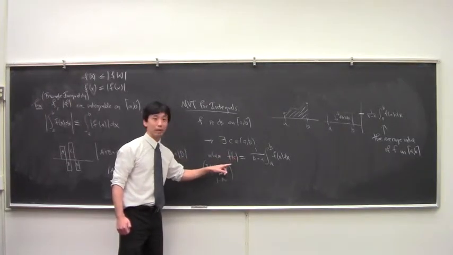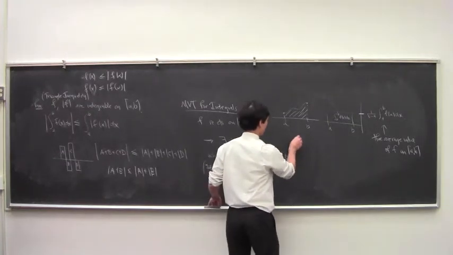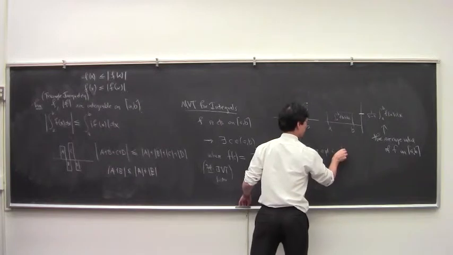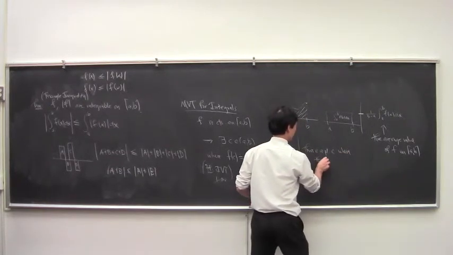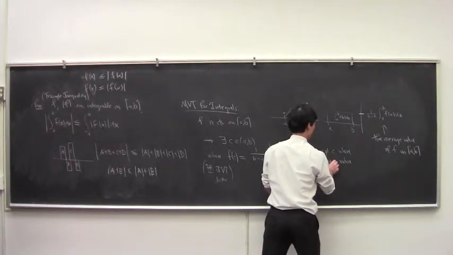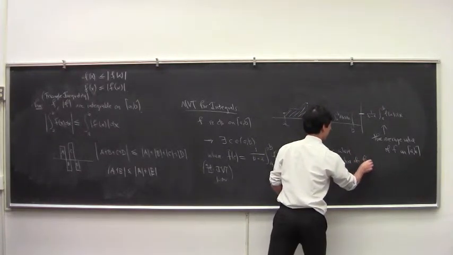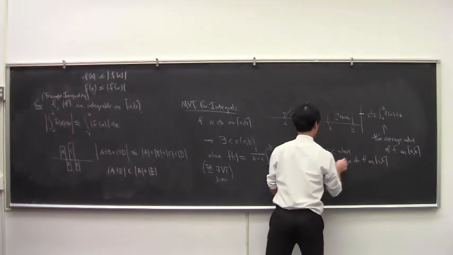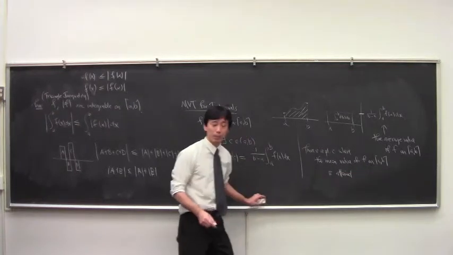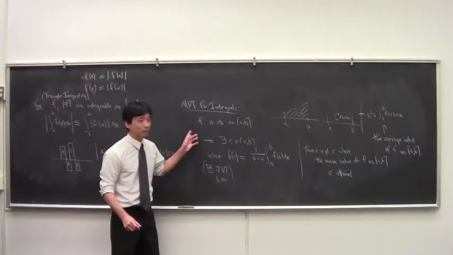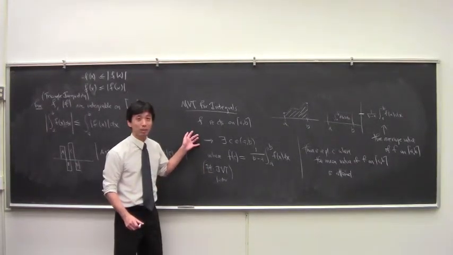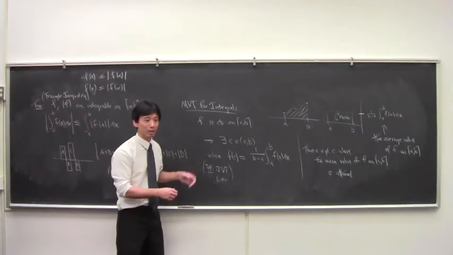There is a point c where the mean value of f on [a, b] is attained. So maybe the name of this mean value theorem is even more appropriate.